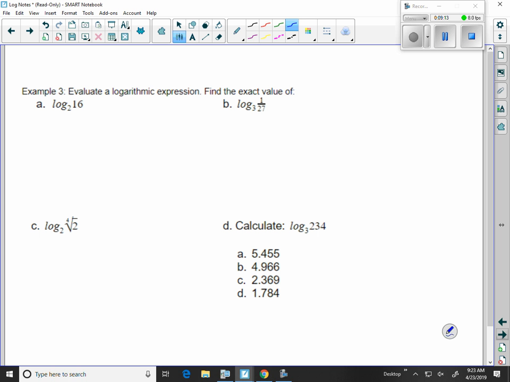That's where we have a problem to start. But when we look at the log function, we know that we always have an equal sign. So we're going to put equals x. We're going to have to solve for the exponent here. So each of these you can write equals x.